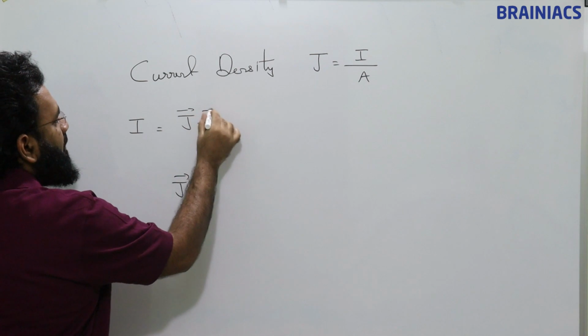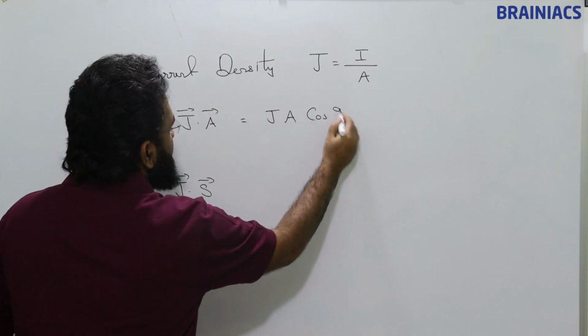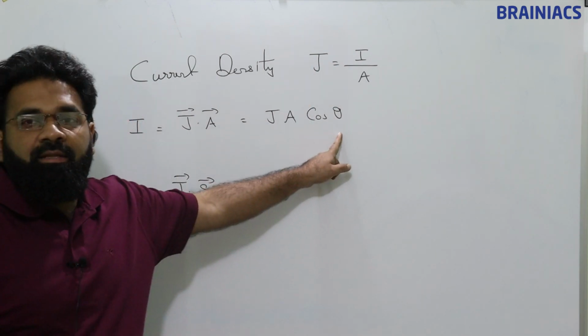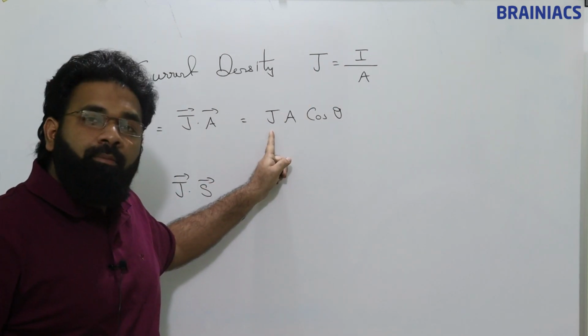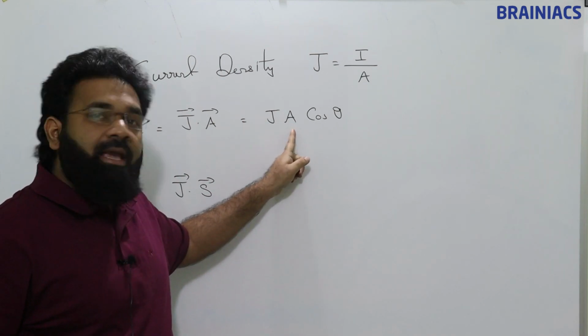So J dot A, or we can write J A cos theta. What is this theta? Theta is the angle between the current density and the area vector.